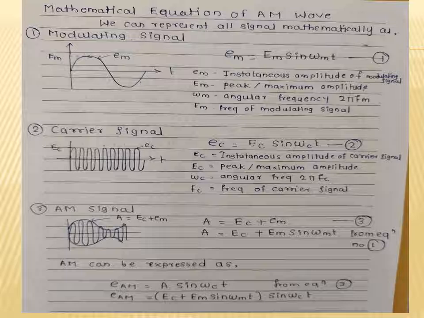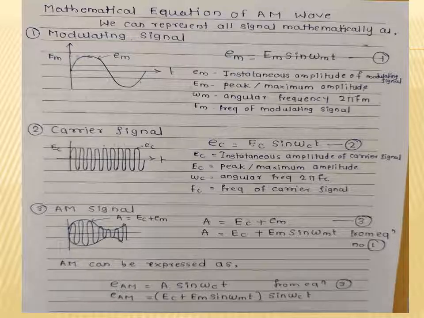What is em? You have to write the value of em from equation number 1. So A is equal to EC plus capital EM sin of omega mt. This is from equation number 1. So the AM signal can finally be represented as small em equal to A into sin of omega ct, the instantaneous amplitude into the carrier signal.